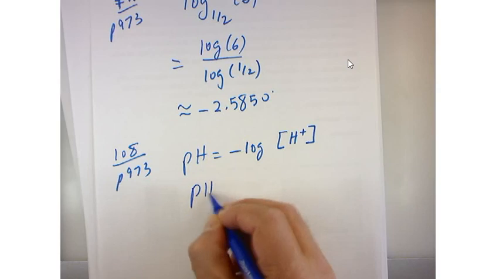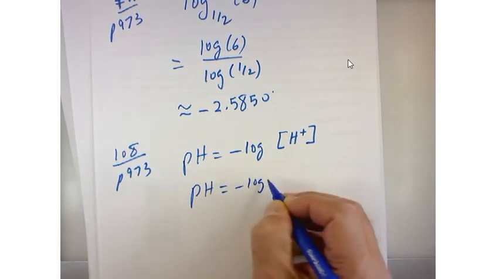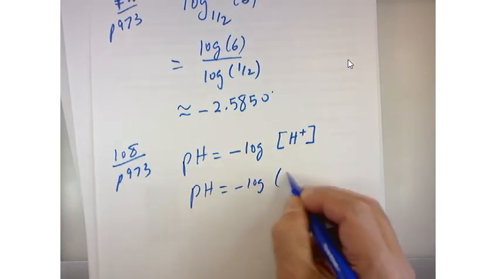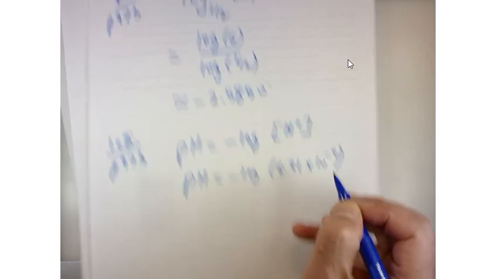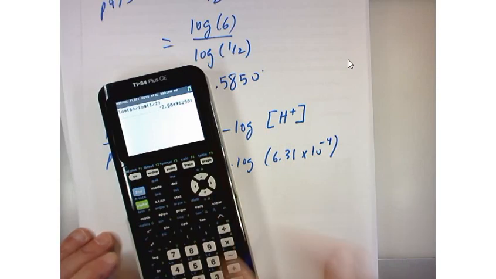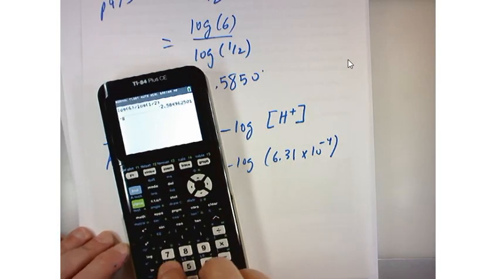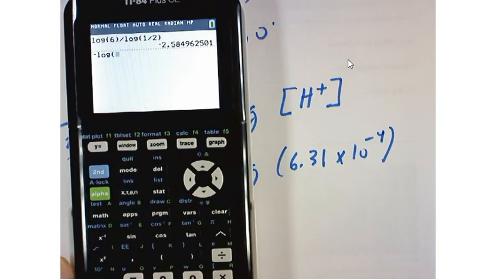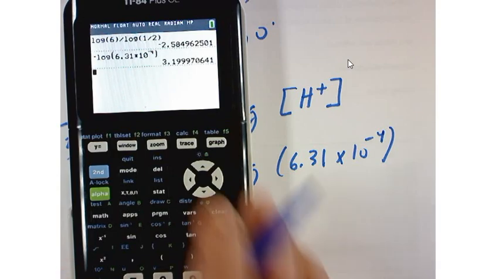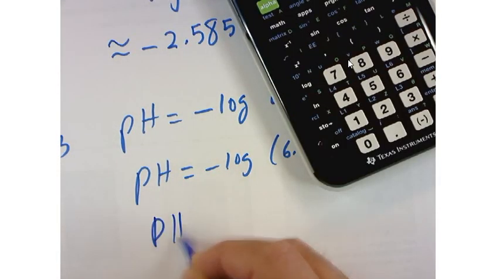So pH is negative log. We're given the concentration is 6.31 times 10 to the negative 4. So we plug that into our calculator, negative log base 10, that's what the formula says. Negative log base 10 of 6.31 times 10 to the power negative 4, and then we close the parentheses, and the pH is 3.2 roughly.